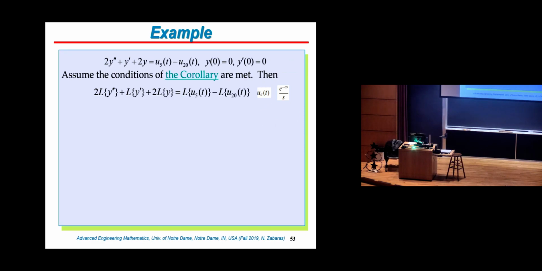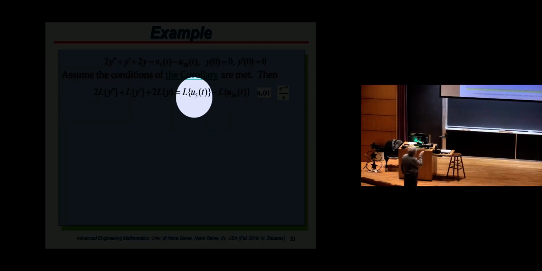I gave you a table, but actually if you want, you can go to Wikipedia and download the table that has the Laplace transform of every function that we need to use in this course. But we know how to compute the Laplace transform of this and the Laplace transform of that.